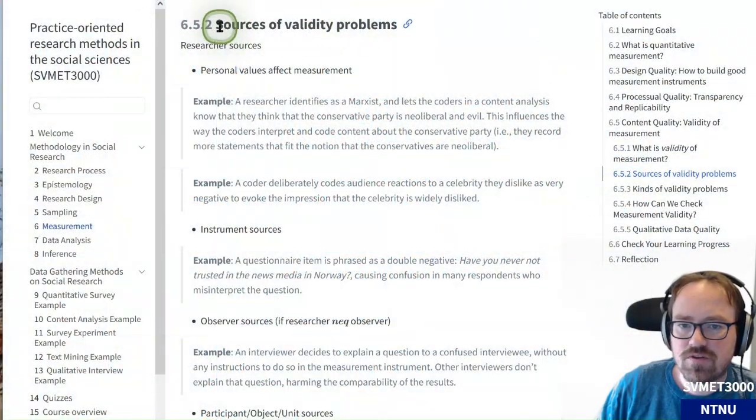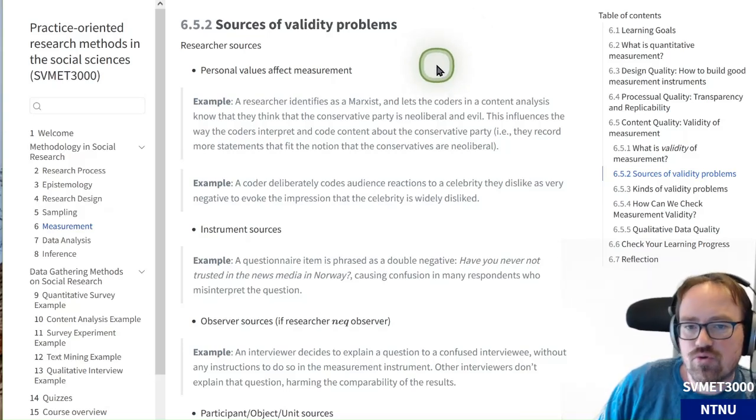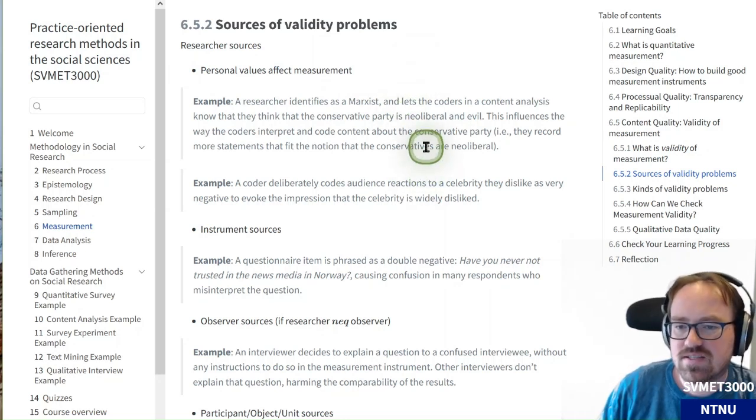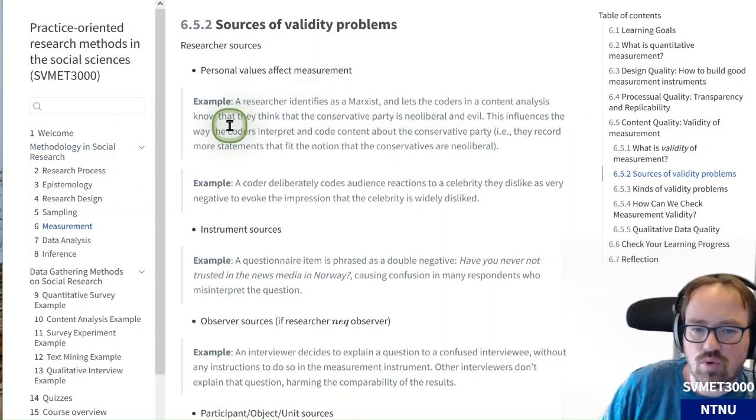It's useful to think of different sources of validity problems, which can also help you improve validity. We have researcher-based sources such as researchers' personal values that affect measurement. Think of a researcher that identifies as a Marxist and lets the coders in a content analysis know that they think that the Conservative Party is neoliberal and evil.